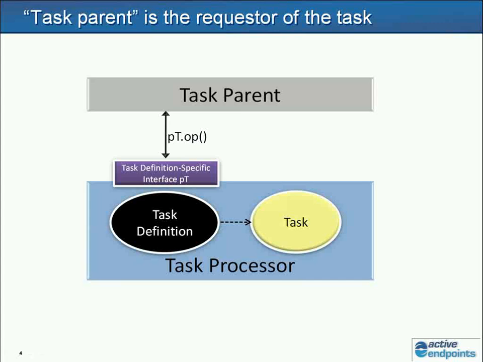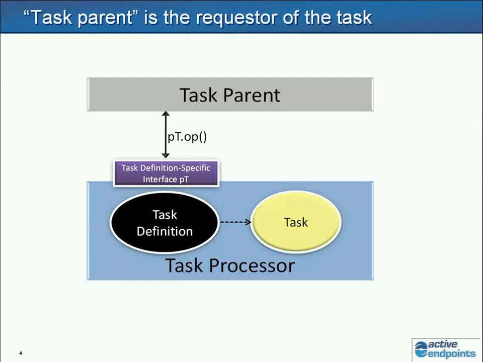But because WS-HumanTask doesn't have to be used, the work list doesn't have to be used by a workflow system, we have to come up with a more generic term for whoever wants work done by a person. And that's called the task parent.